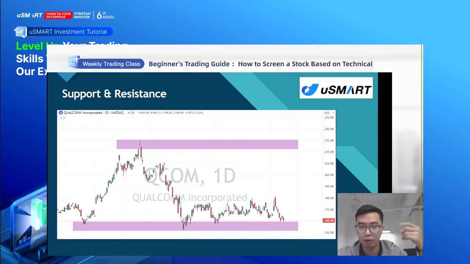And for resistance, you usually plot the swing high for the future target. Either a swing high, or when it hits up, you'll see many rejections. Then we can plot it as a resistance.